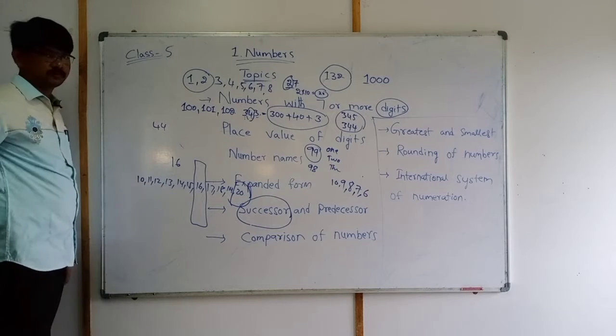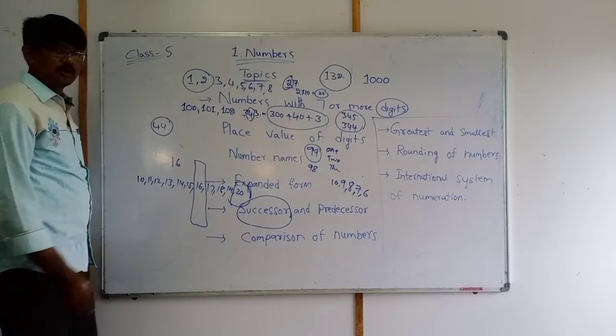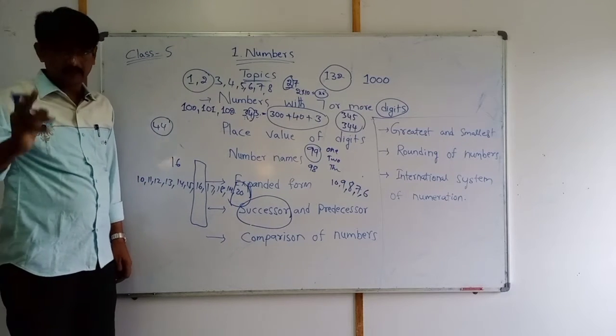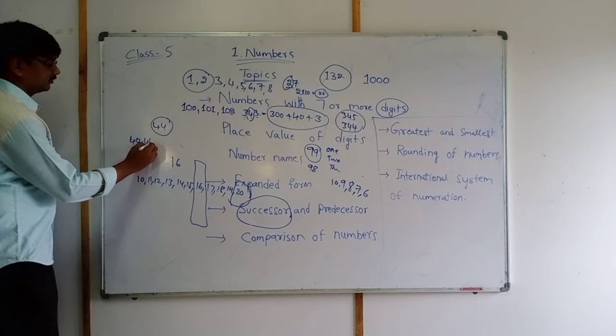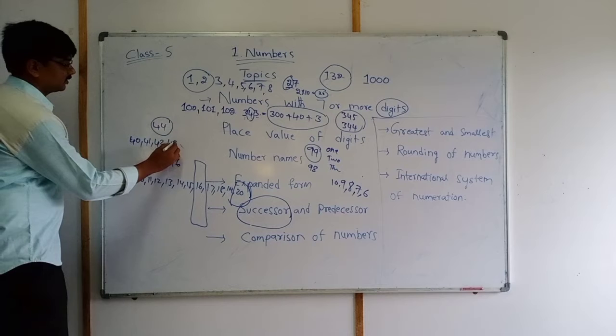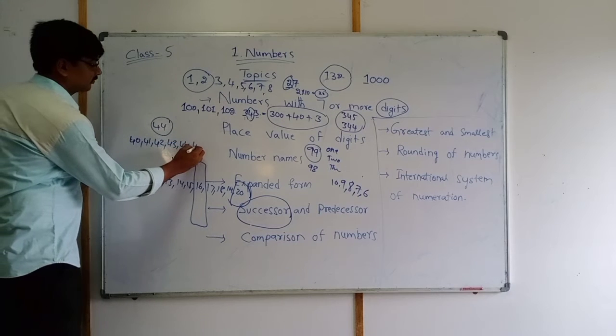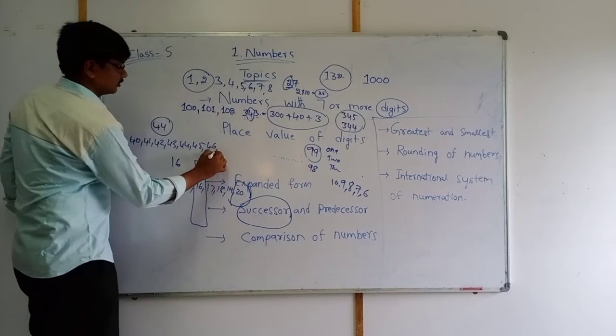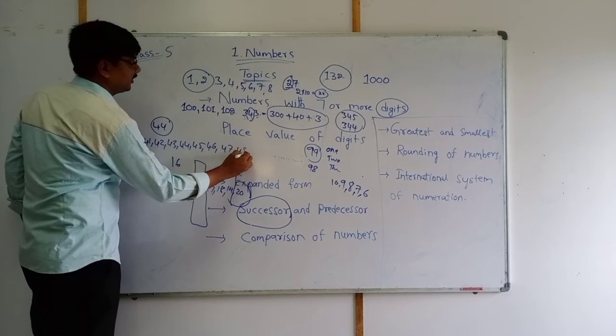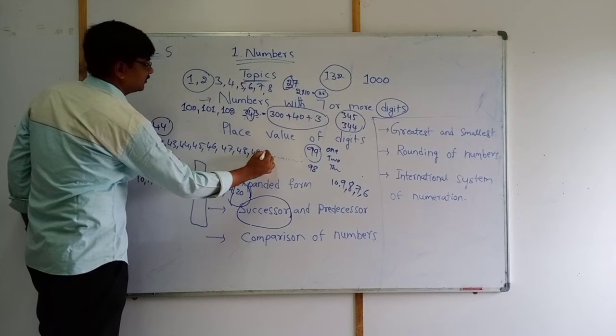44 given, round off to its nearest 10. 44 means 40, 41, 42, 43, 44, 45, 46, 47, 48, 49, 50.